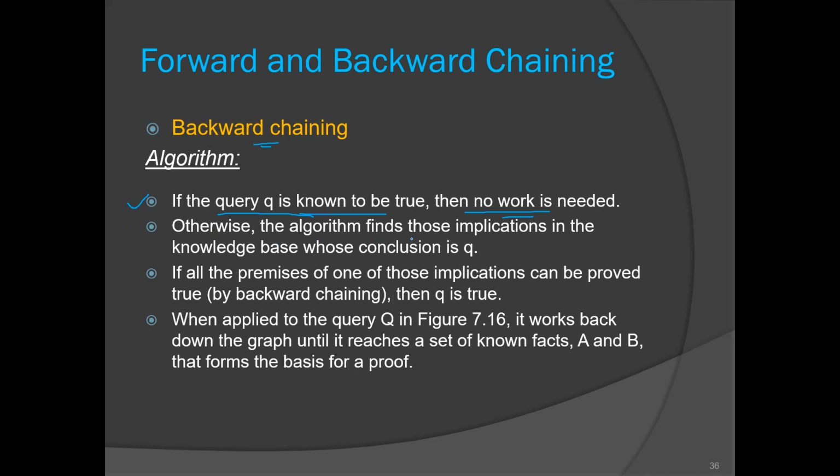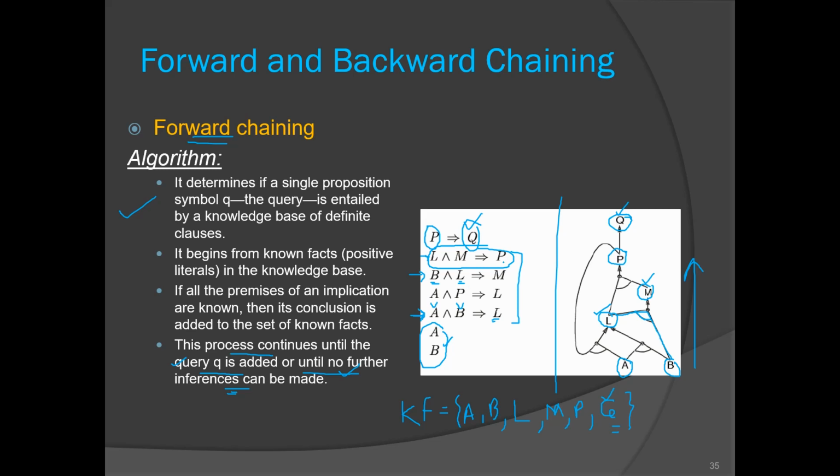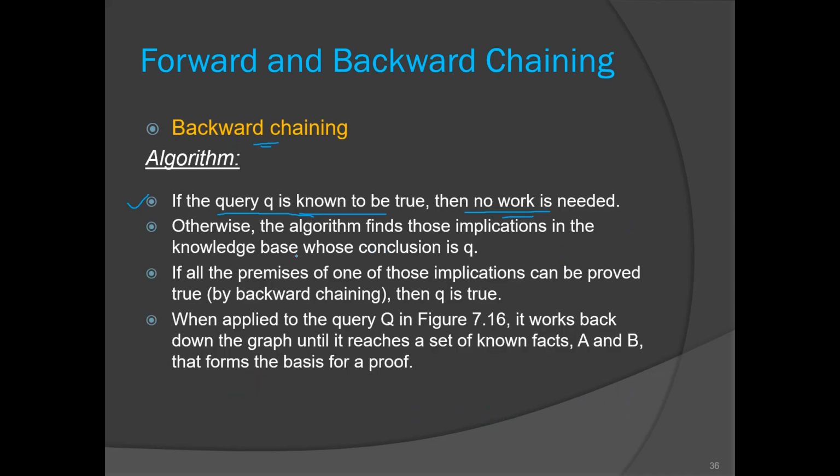Otherwise the algorithm finds those implications in the knowledge base whose conclusion is Q. So find all the implications whose conclusion, meaning the right hand side part, is Q. Only this implication has Q in the right hand side. If all the premises of one of those implications can be proved true, then we can say that Q is true.